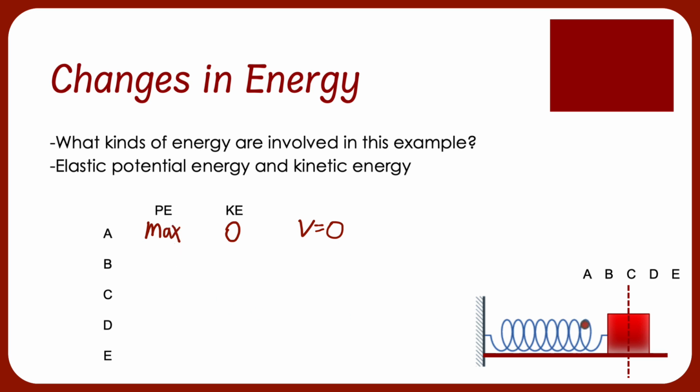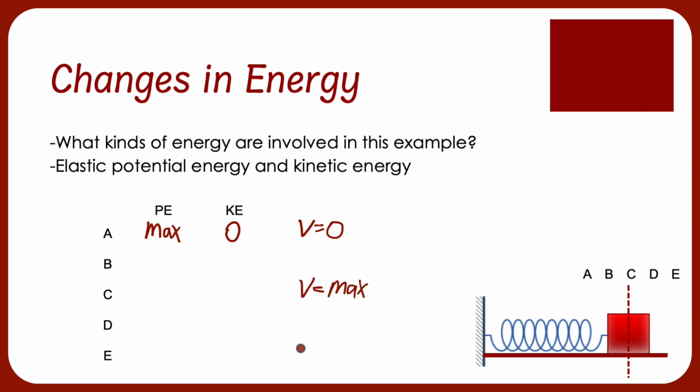Now if I let it go, it is going to cause my mass to speed up until we get to C. And at that point, it's going to be at its maximum velocity. It will then slow down as the spring is extended beyond its natural length. I'm going to write here then, v is going to be a maximum here.